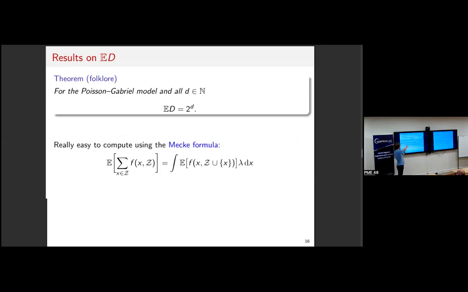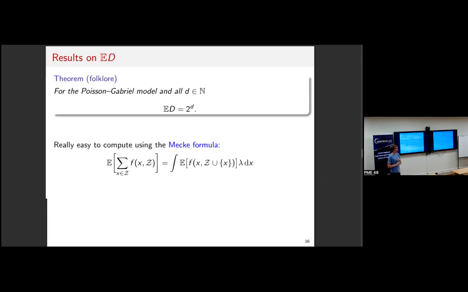In our case, the function f just counts if there's a connection of x and the typical point. With the Mecke formula, it's quite easy. The expected typical degree in the Gabriel model is just 2 to the d, and it holds in all dimensions. For the Voronoi model, it's not so easy.